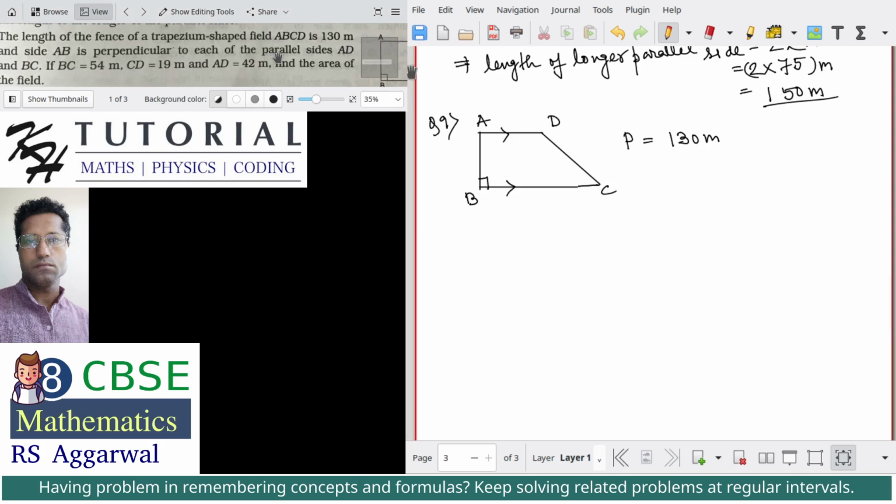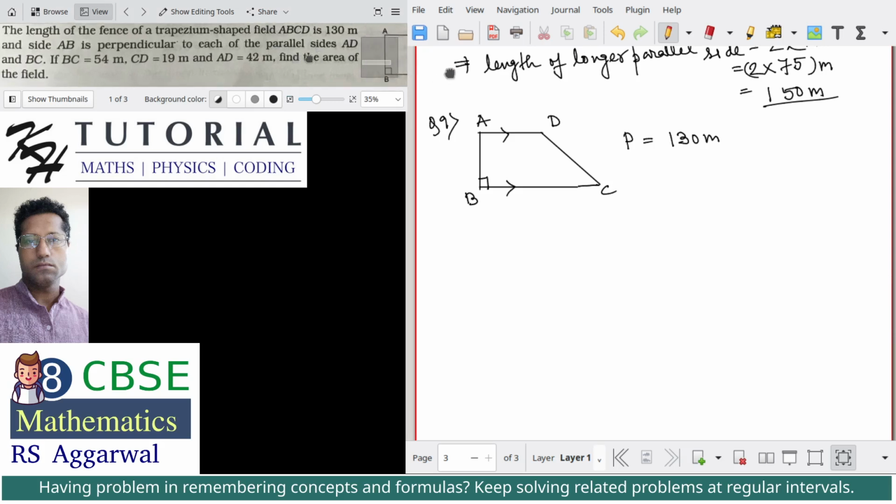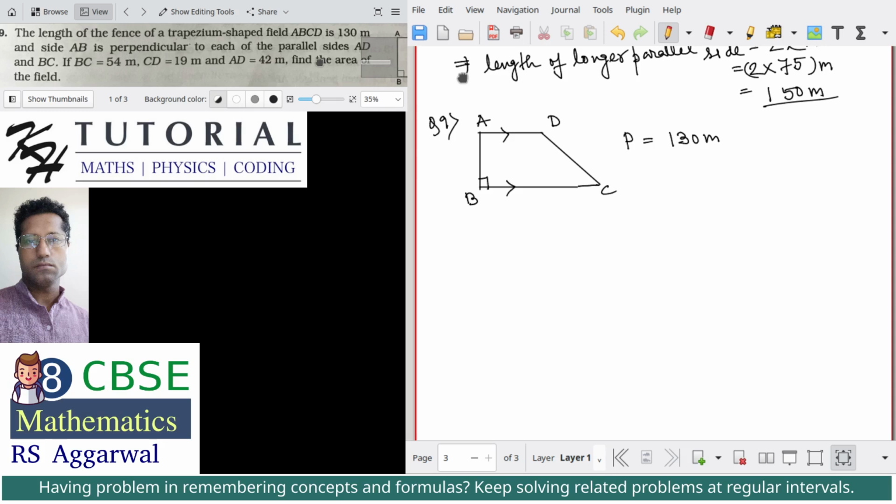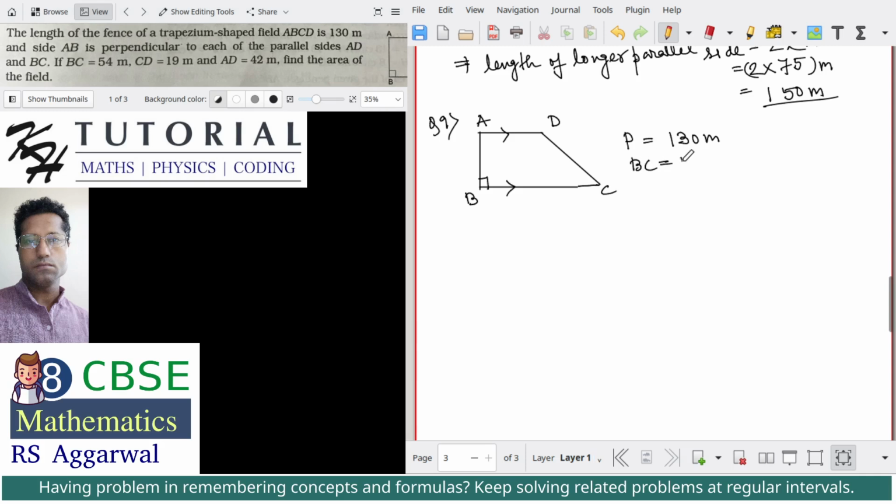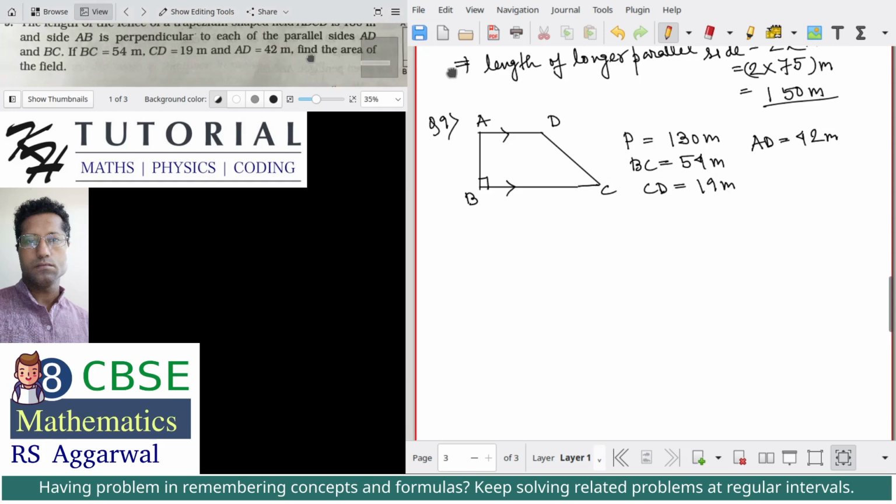Side AB is perpendicular to each of the parallel sides AD and BC. BC is 54 meter, CD is 19 meter, and AD is 42 meter. Find the area of the field.